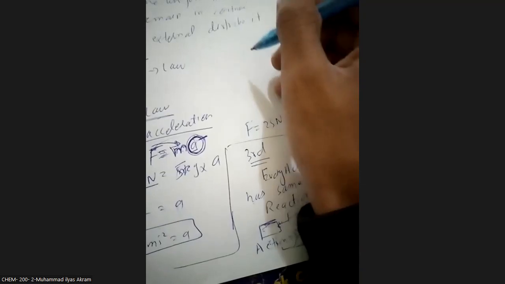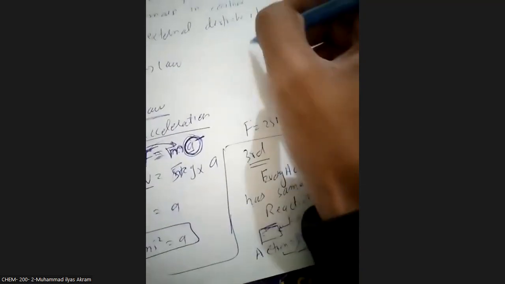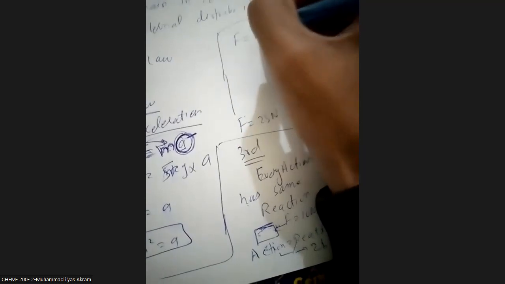We can say that if you are finding data with a numerical calculation, and someone says that you have a force of 200 Newton that you are applying on the body, what will be the reaction force?